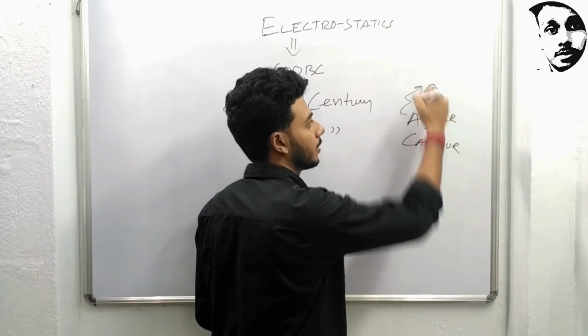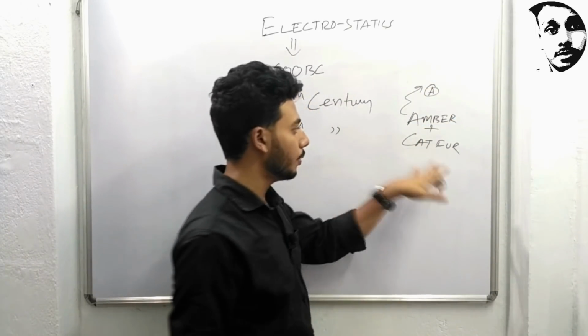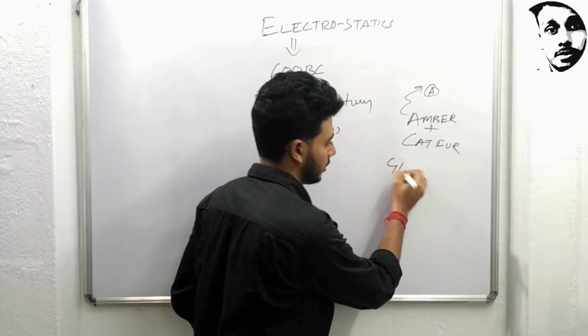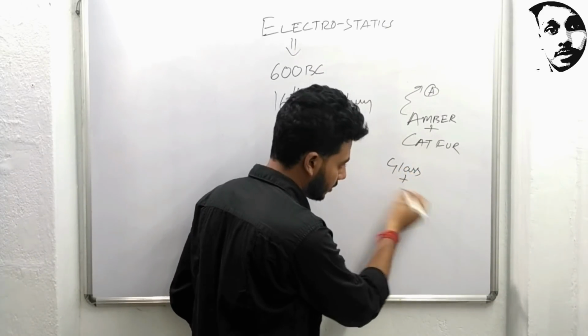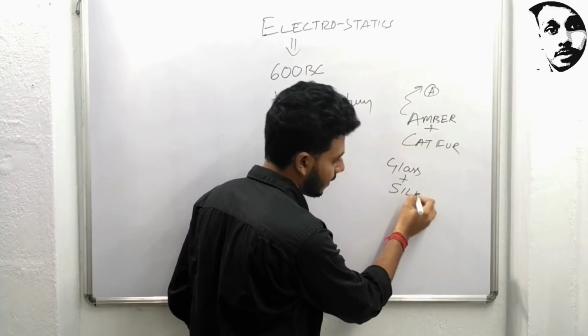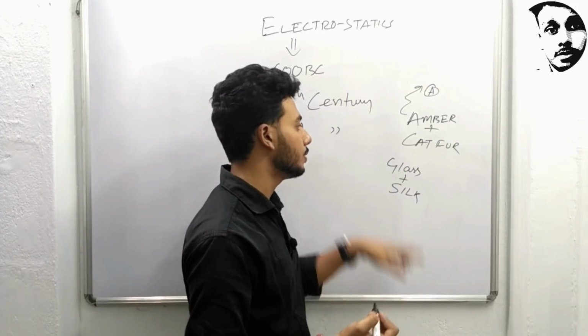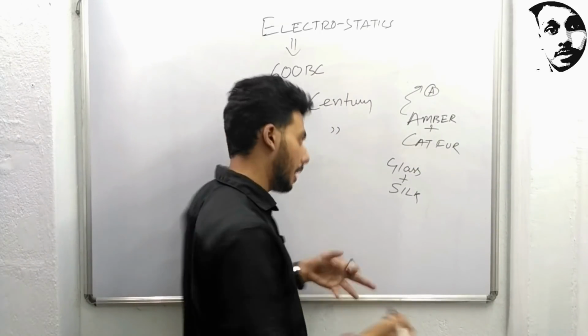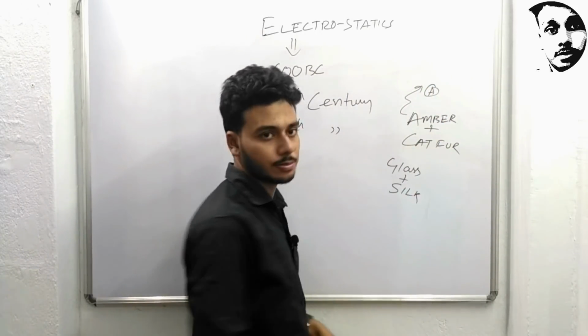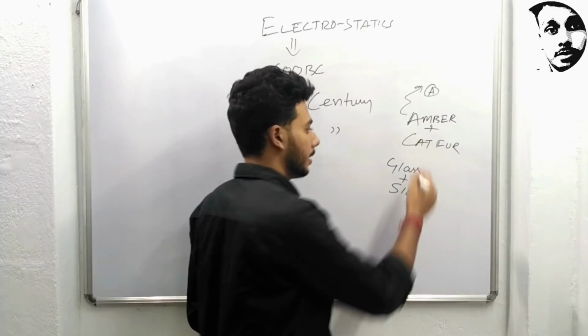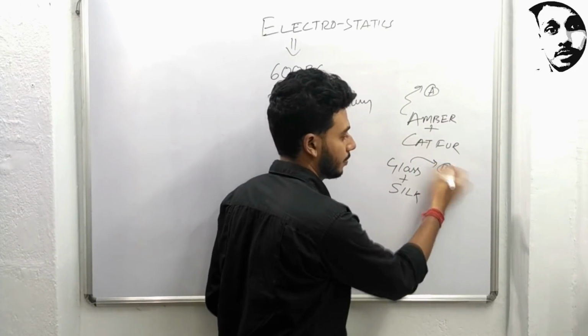This is called A. And if you rub glass with silk, then the glass will also achieve a different kind of magical property, quite different from property A. I am calling it B.